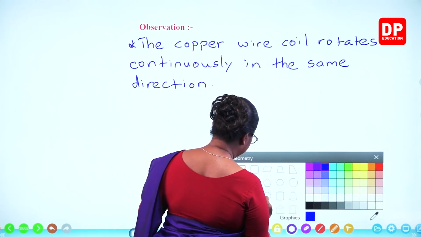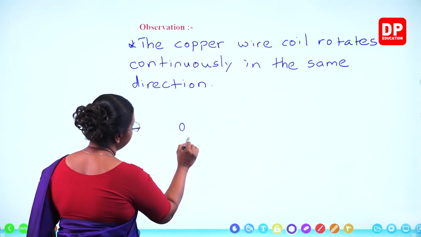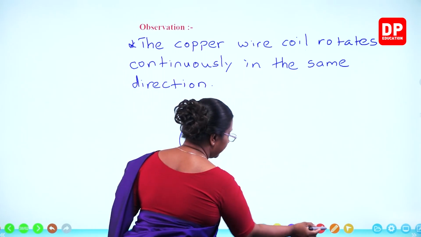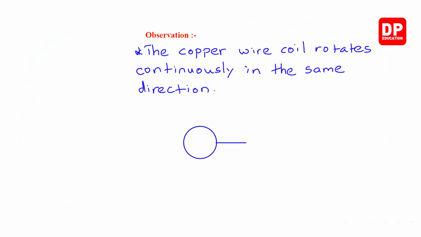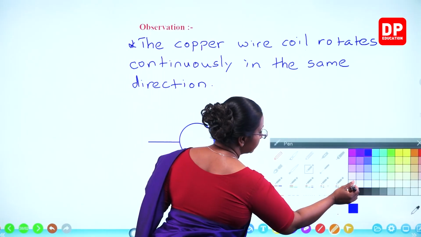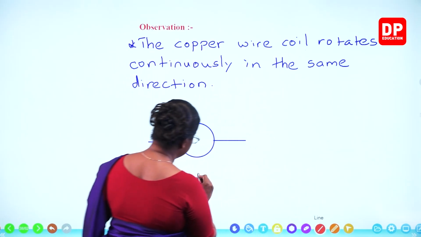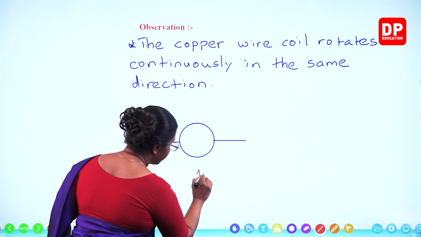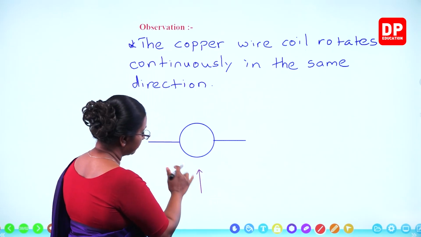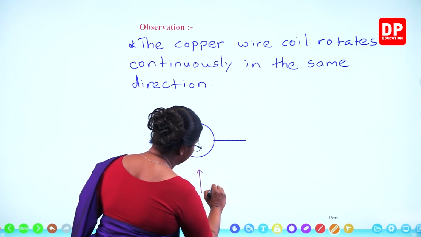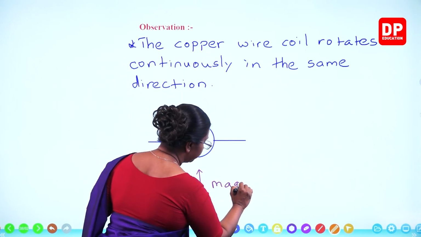Now, if I diagrammatically show you this, this is the coil, and there is the magnetic field. Let's say the magnet was kept on the battery, so the magnetic field will be in this direction.